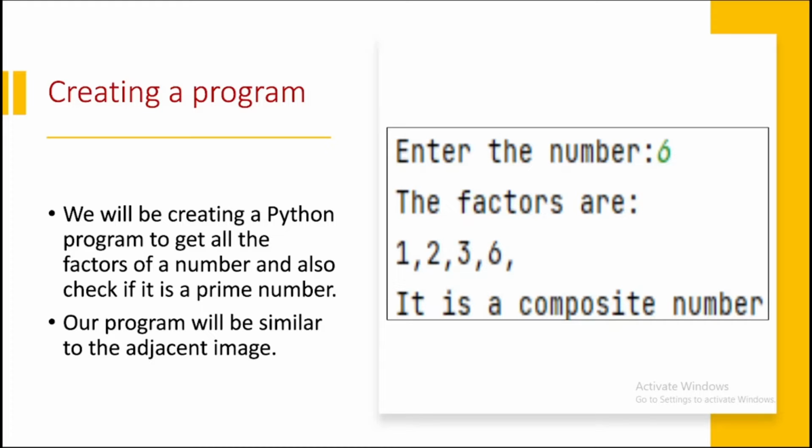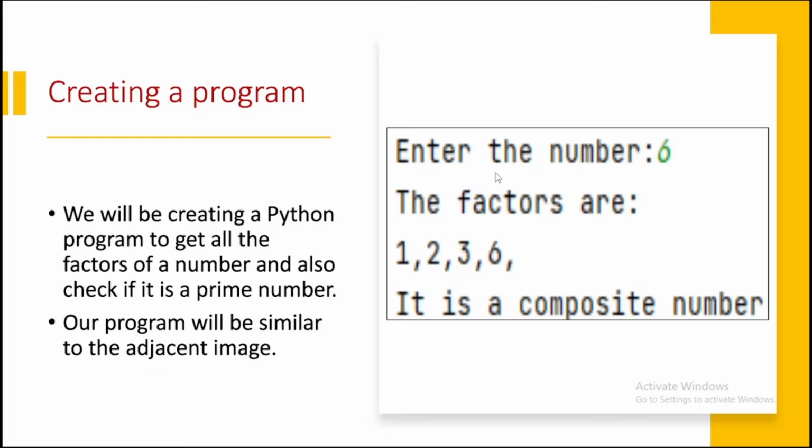So let us create a program. We'll be creating a program that asks the user to give a number, displays all the factors of the number, and also tells if the number is prime or not. So it will be like this. We first ask for the number, and whatever the user gives, it then displays what the factors are.